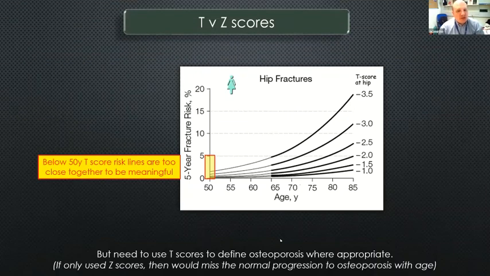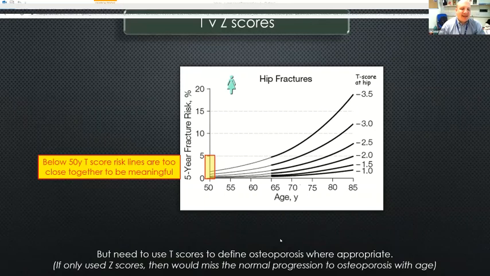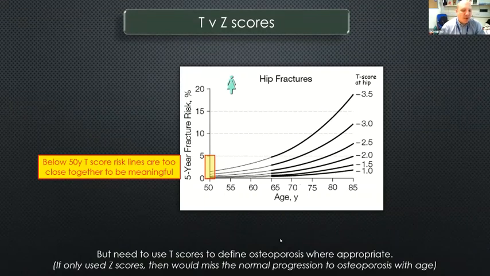But we should really be using Z scores before that. And using T and Z scores at even younger ages, so when men and women are 20, 25, is slightly risky because they're yet to achieve their peak bone mass, which is typically around 30 years old, a bit later in the Asian population.